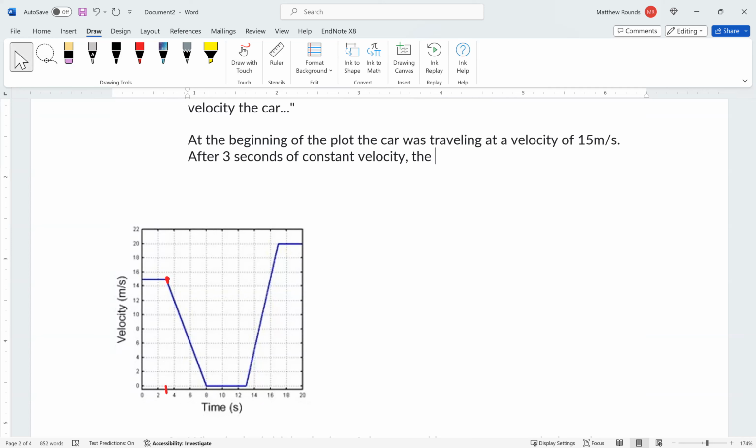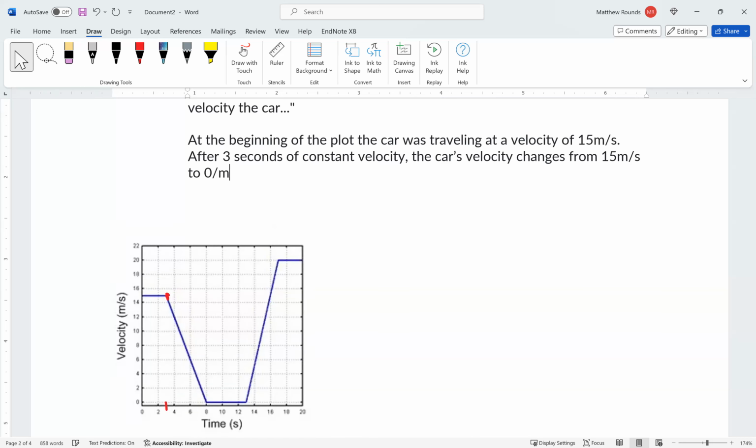the car's velocity changes from 15 meters per second to 0 meters per second. So that's what's going on here.